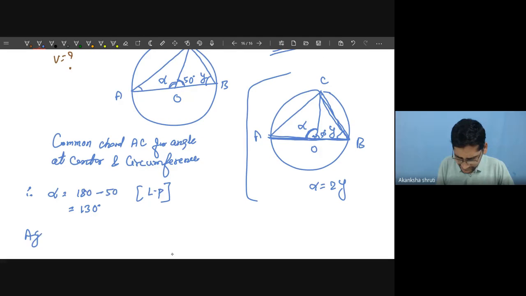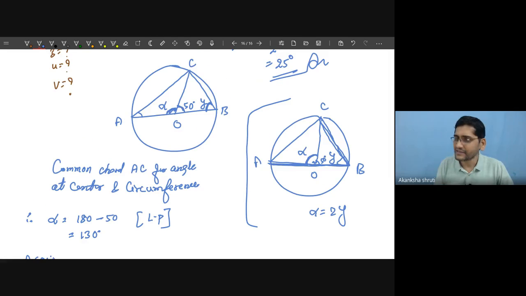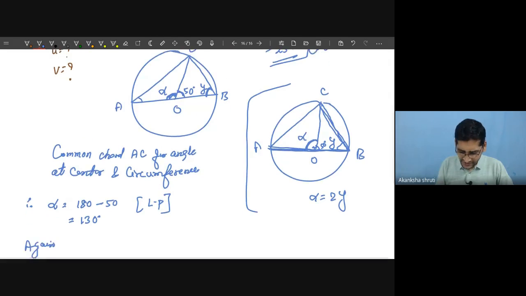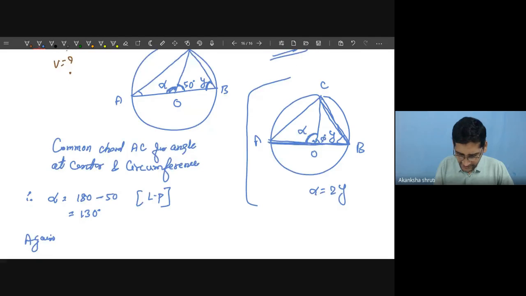Again, there is a relation that this alpha is twice of angle Y, because it is formed on the common arc AC.